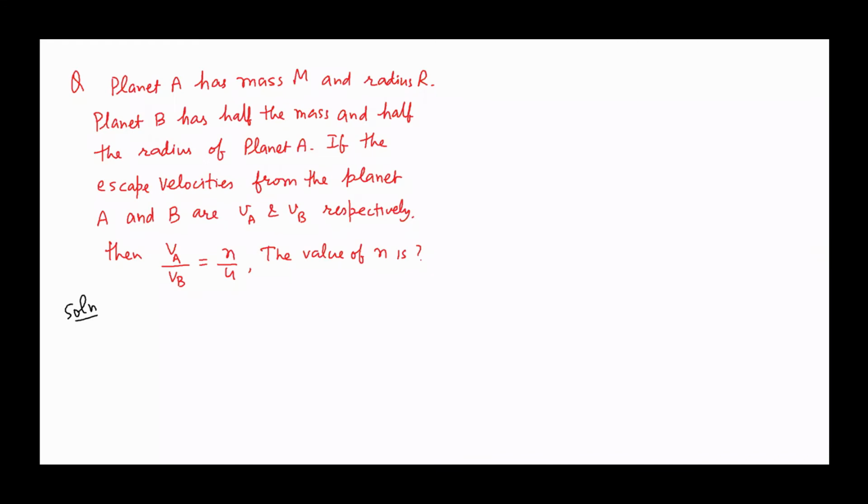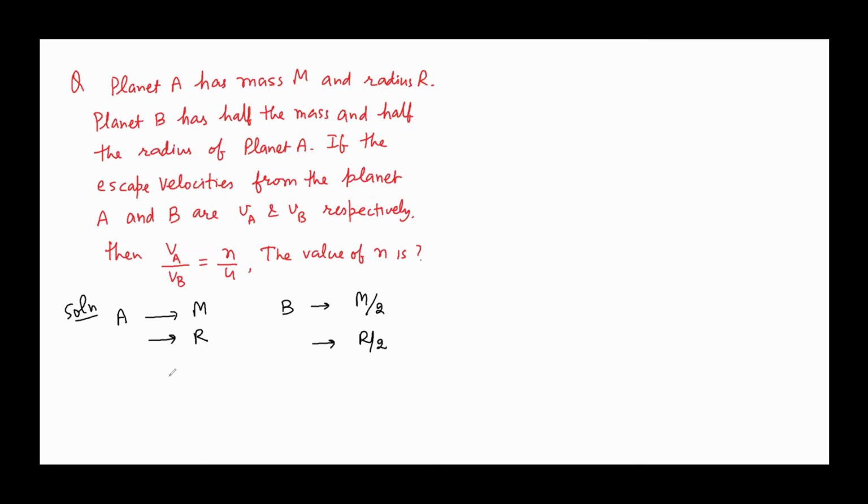In this question, it is given that planet A has mass m and radius r. Planet B has half the mass and half the radius of planet A. So if I take planet A, the mass is m, radius is r. If I take planet B, its mass is m by 2 and radius is r by 2.